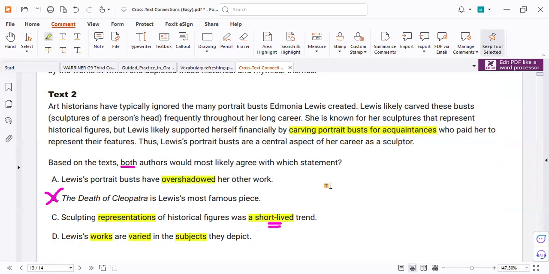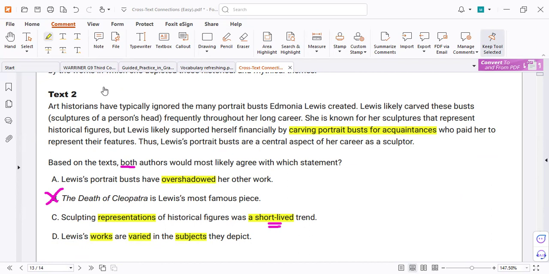Overshadowed. So what does overshadowed mean? Try to guess. Remember, because this is a very important and very common word. Let's see. Overshadow has a lot of meanings. Number 1 is to make someone or something less important. So if I shadow you, I put a shadow on your personality, I make it dark, I make you not important, not known.